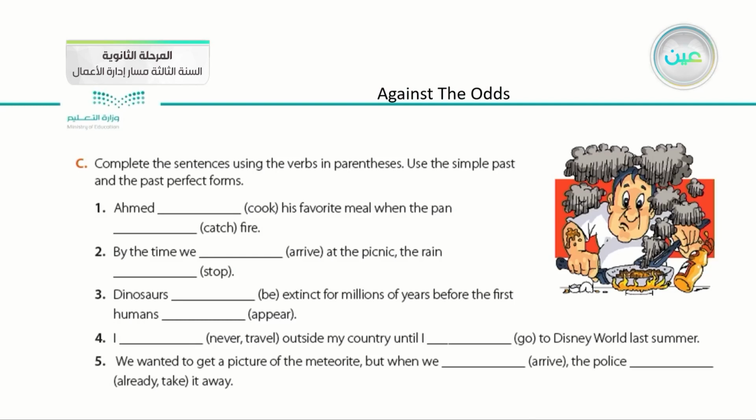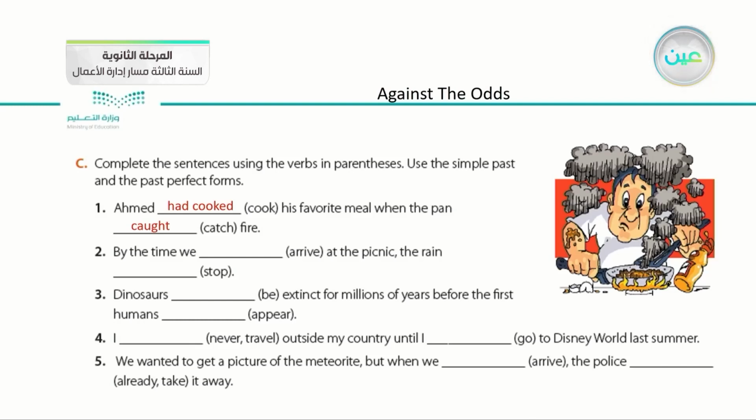You can pause the video right now and try to do this exercise on your own, and after that you can resume it to check the answer. But let's do number 1 together. Ahmed had cooked his favorite meal when the pan caught fire.